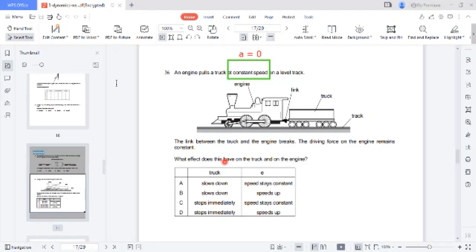The driving force on the engine remains the same and the truck slows down.